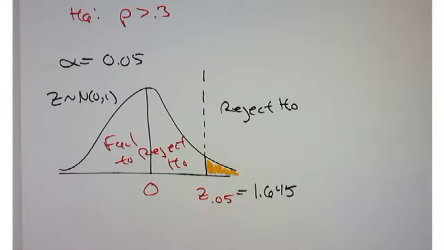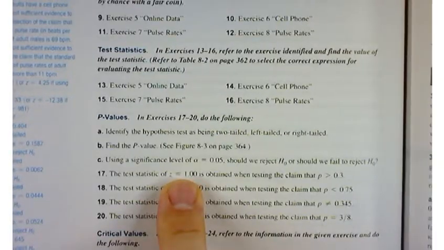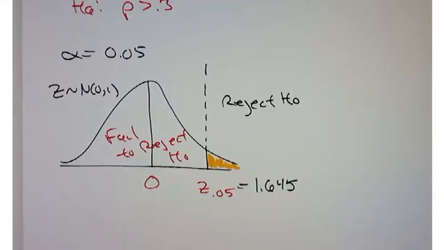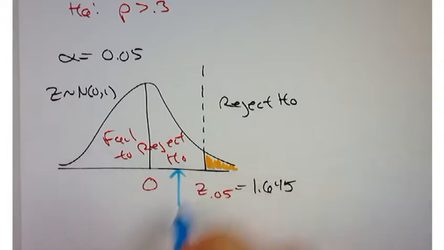17. They said, okay, the test statistic is 1. You get a Z value of 1. So, okay, well, let's see here. What does that mean? Z value of 1 would be right here.